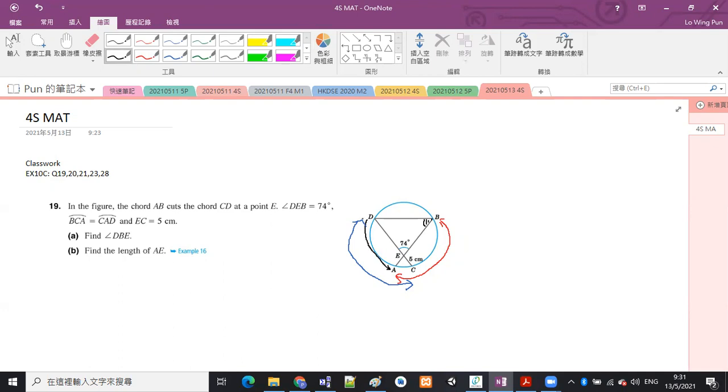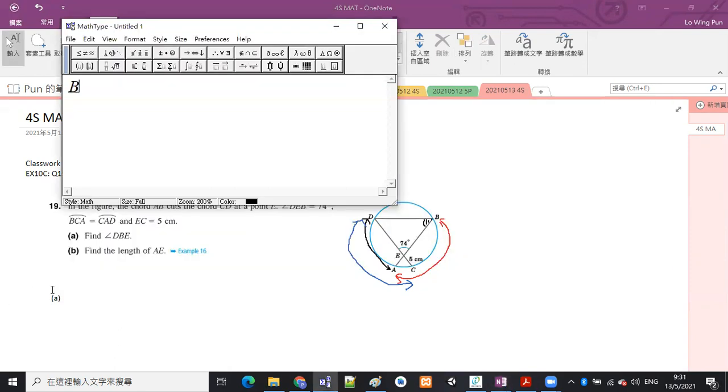This part. But we know that when we take away the common part from the two equal arcs, the remaining parts will also be equal. Which means that I want to prove that arc BA is also equal to arc BC. Can you get the idea? Okay. But we need to write down the presentation.